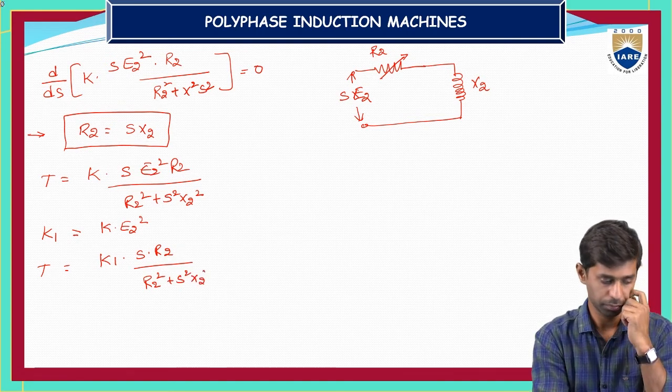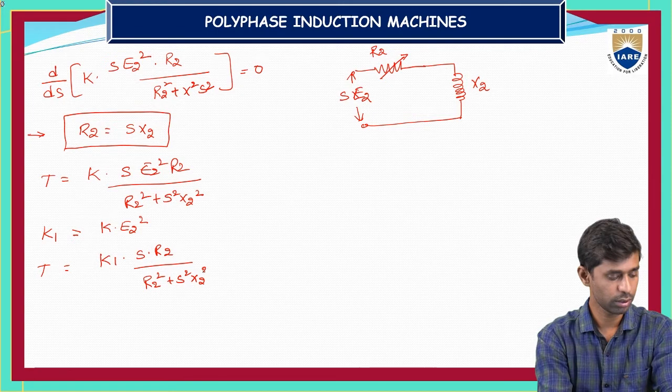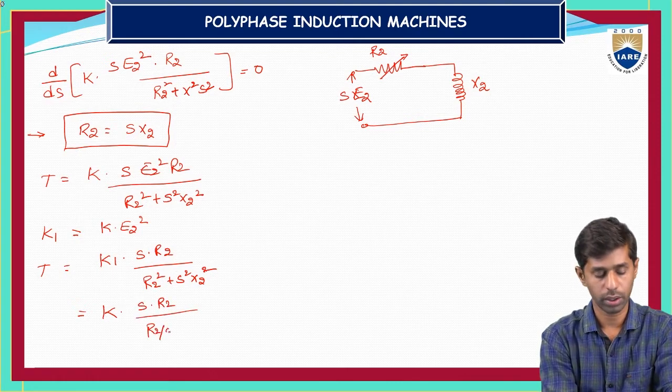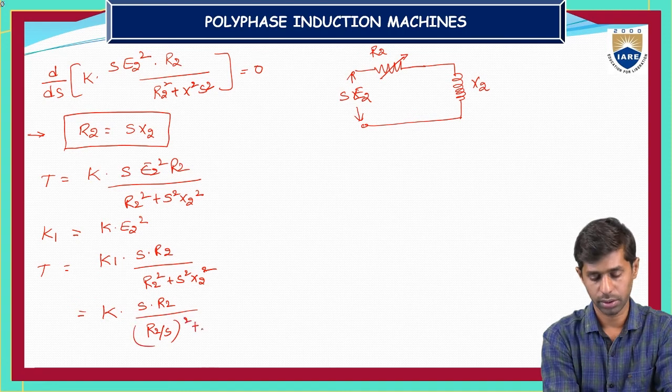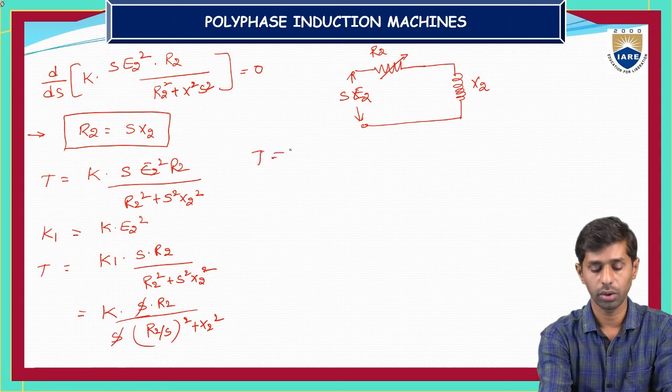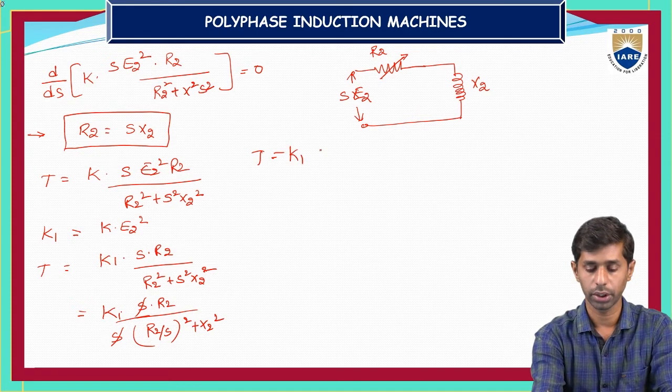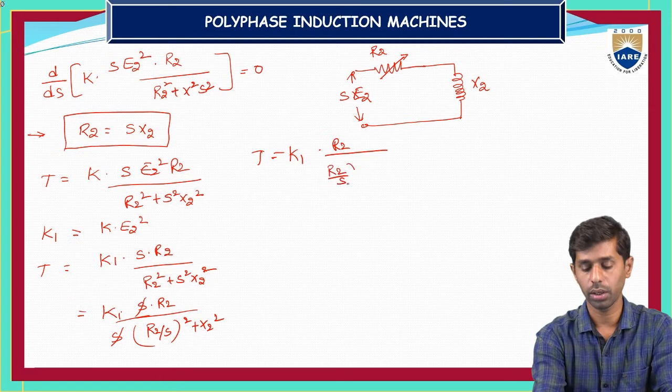Making S common in the denominator, slip becomes cancelled, and T equals another proportionality constant K1 into R2 by (R2 by S) whole square plus X2 square.